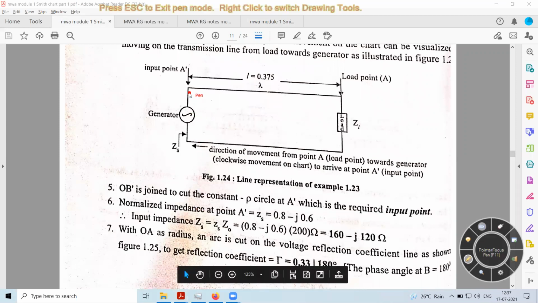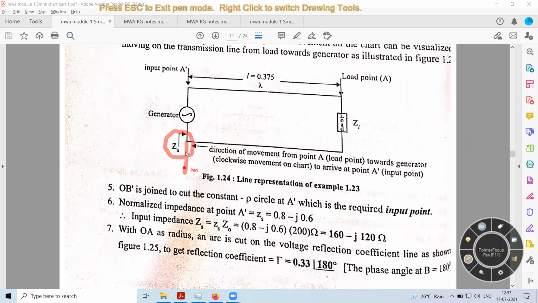On the Smith chart, we have marked this Zs, which is nothing but the input impedance. So on the Smith chart, I have got this plot. Now, it is given that it is a short circuit stub, so I need to identify the length which is associated with this stub.